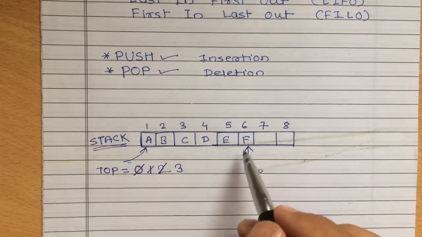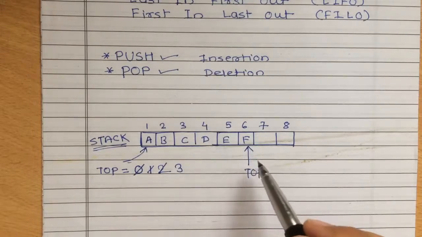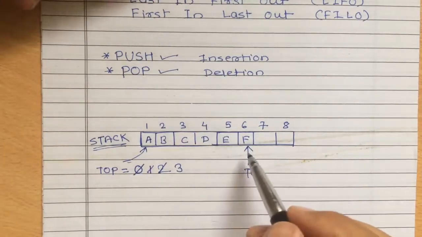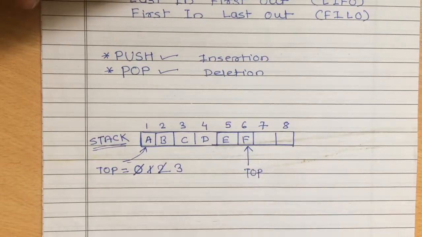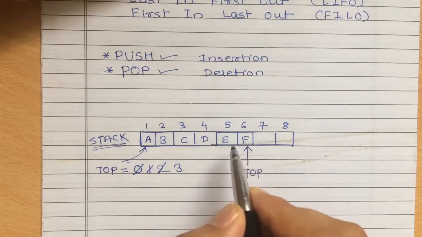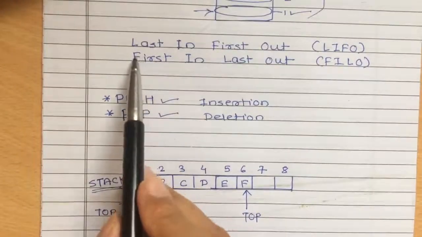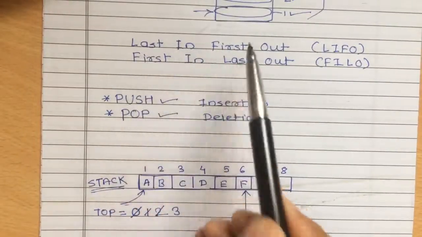Now suppose I want to remove one element from the stack. Not how I am going to remove, but which element I am going to remove. Will I remove A or F? Here, as I said, stack is nothing but last in first out.